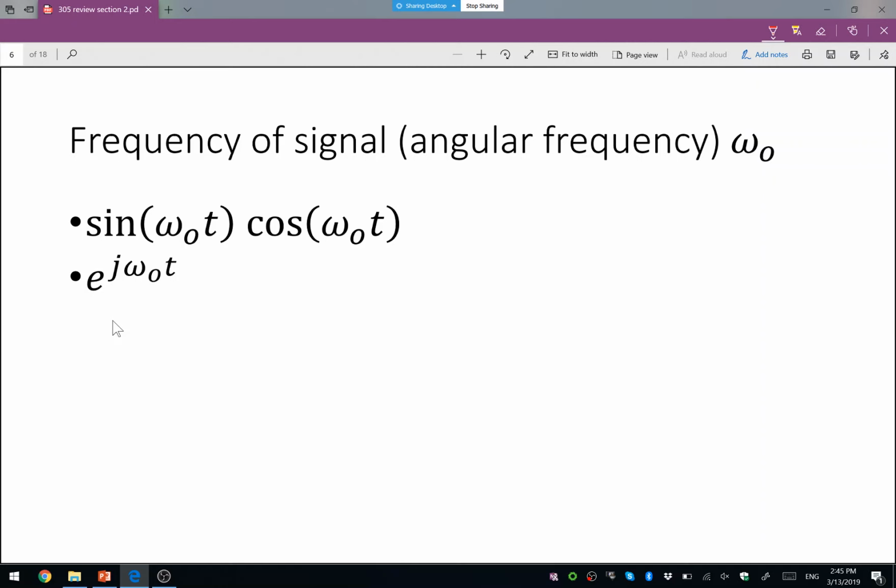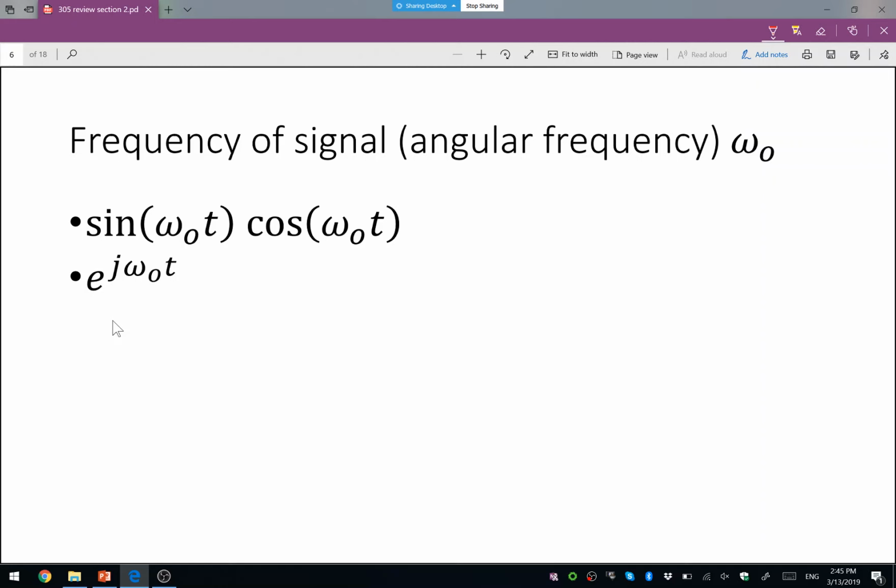Because we say they are periodic, we want to know what the period is, or most of the time we want to know the inverse of the period, that is the frequency. Actually there are two kinds of frequency. One is the real frequency we can measure, like in hertz, and the other is angular frequency. In this course, mostly we are talking about angular frequency.